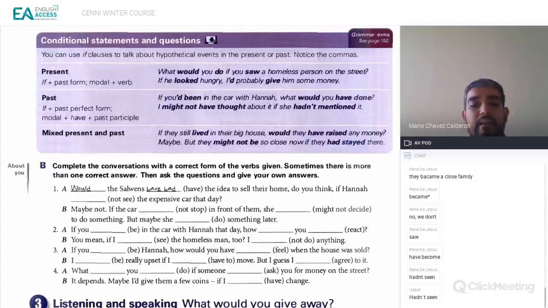Okay? Let's try this activity. Complete the conversation with the correct form of the verbs given. Sometimes there's more than one correct answer. Then ask the question and give your own answers.